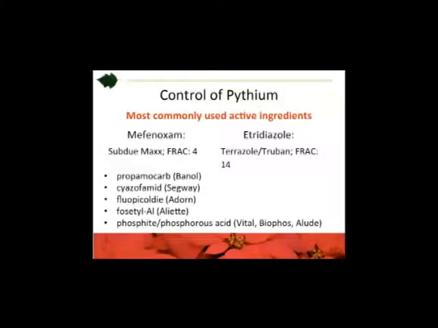Pythium is very closely related to Phytophthora, so we tend to see a number of the chemistries used for Phytophthora also used on Pythium. However, they don't always respond the same. We like etridiazole, and cyazofamid is also a product we like to recommend as a rotation product for Pythium infection in poinsettia.